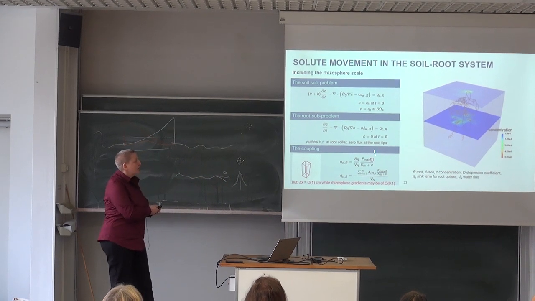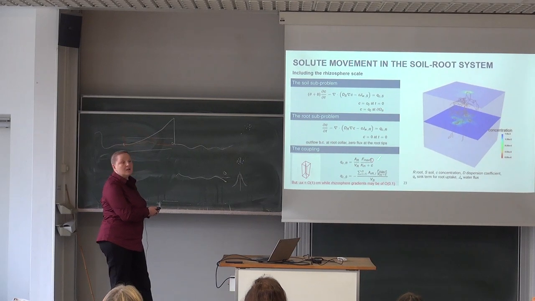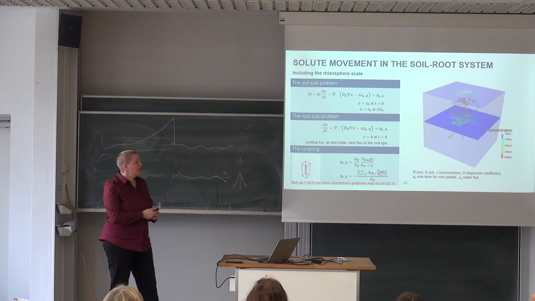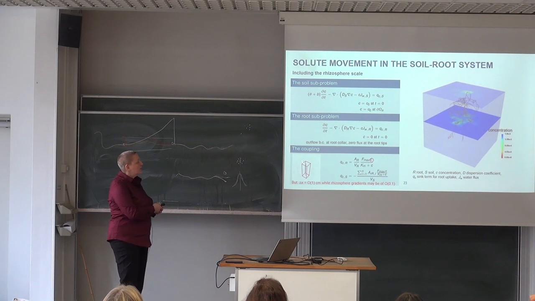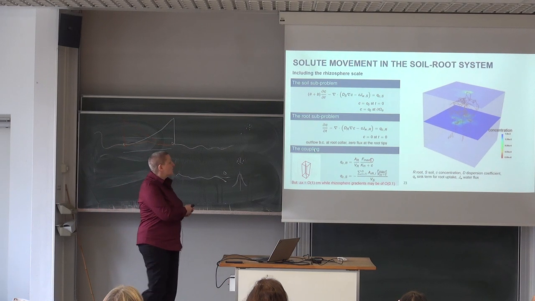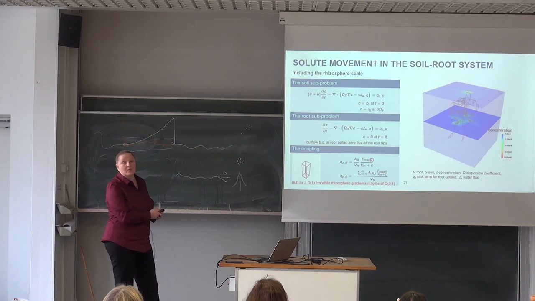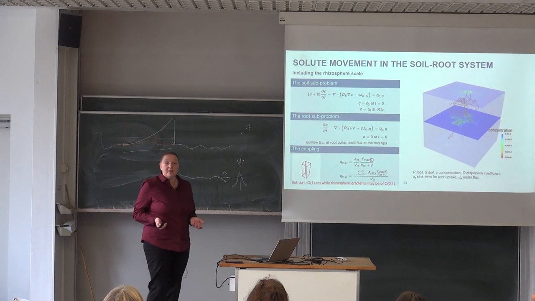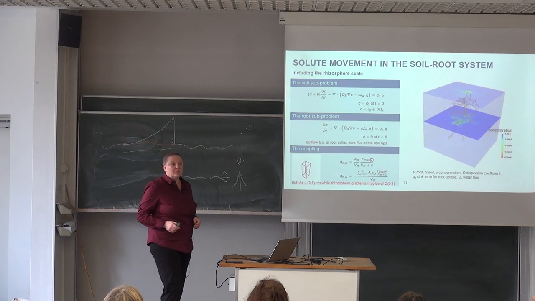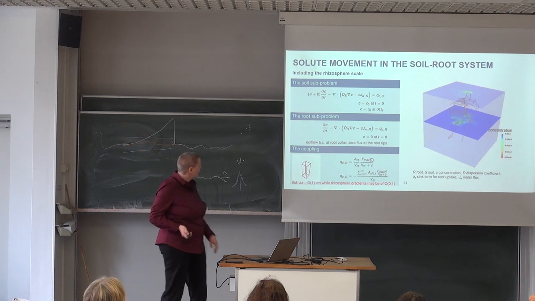Now, if you look at this equation, we need the concentration at the root-soil interface. And how can we compute this value in such a soil model, which has a coarse soil grid, typically on the order of 1 centimeter side length? We would take, depending on the numerical scheme, these 8 nodes of this soil control element and compute an average value, which we would then put in this uptake function.